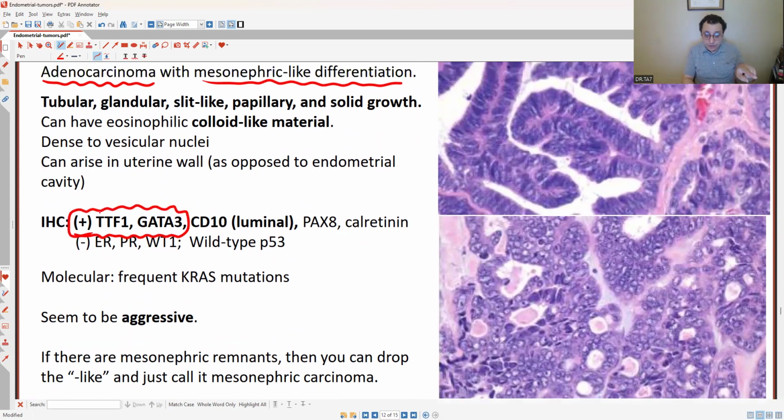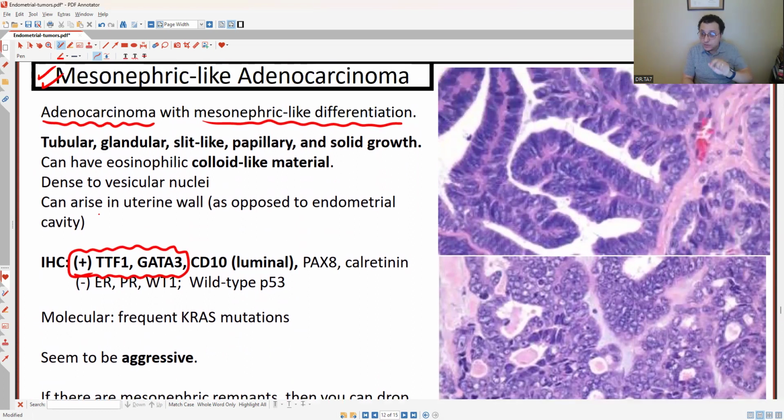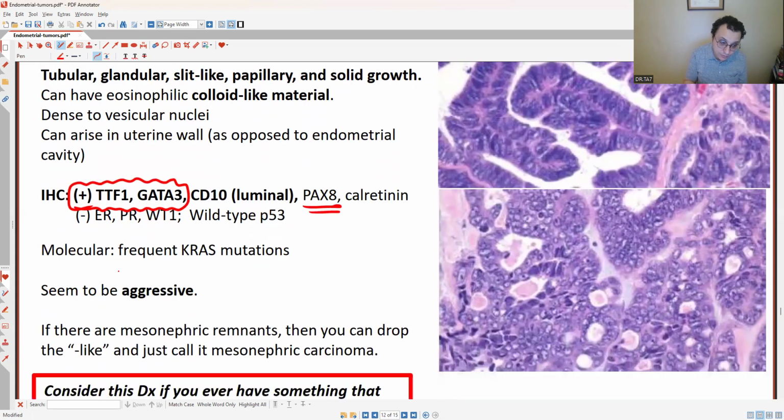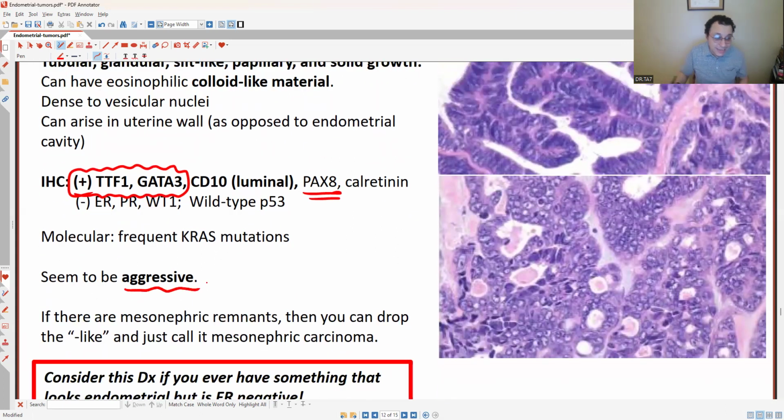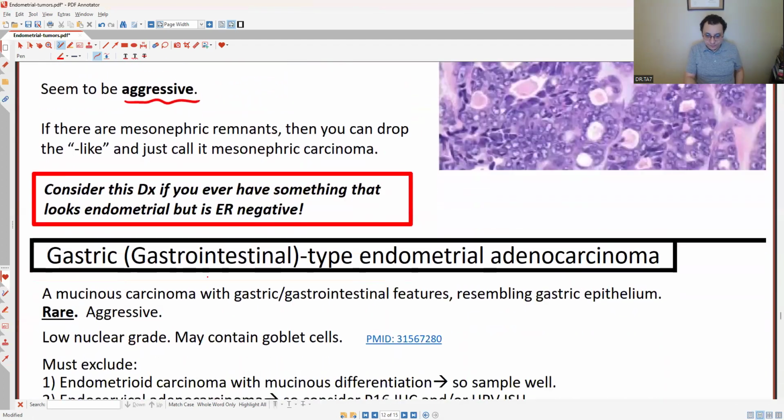These are positive because it belongs to the mesonephric duct, which is like a kidney. PAX8, GATA3, like the urinary system, and it also has TTF1 positivity. They seem to be aggressive, so they don't know. It looks like this is a new entity.